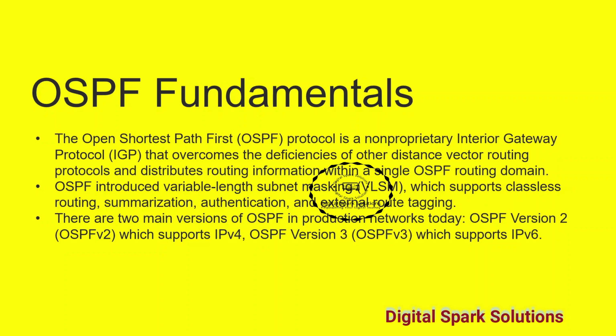the OSPF overcomes the deficiencies of other distance vector routing protocols and distributes routing information within a single OSPF routing domain. OSPF introduced variable length subnet masking, which supports classless routing, summarization, authentication, and external route tagging.